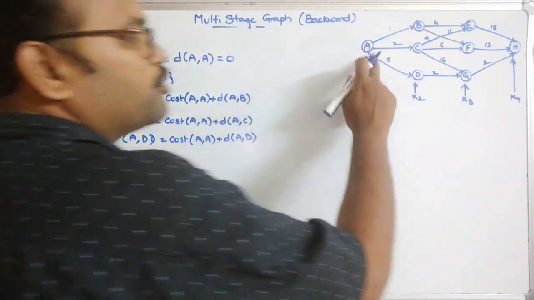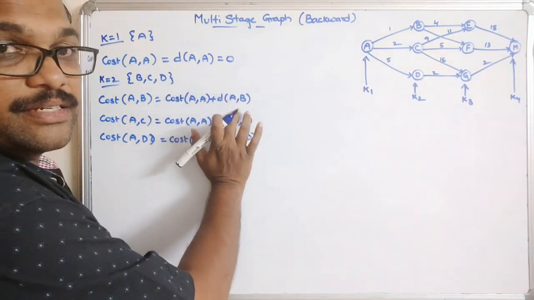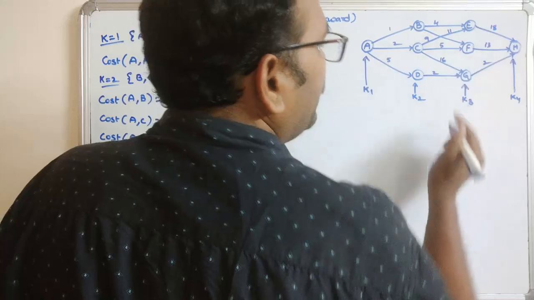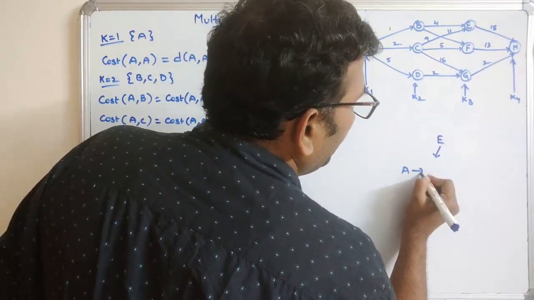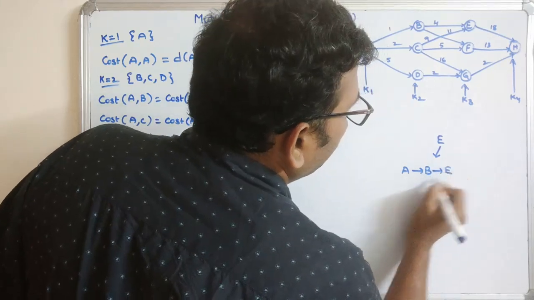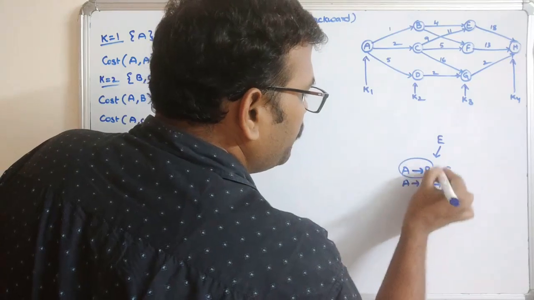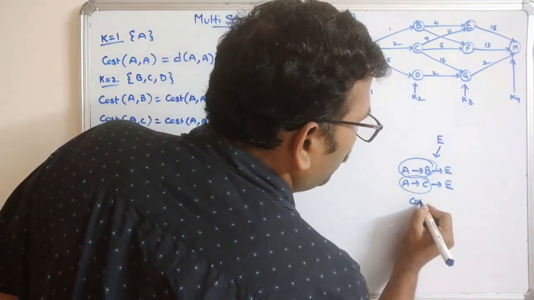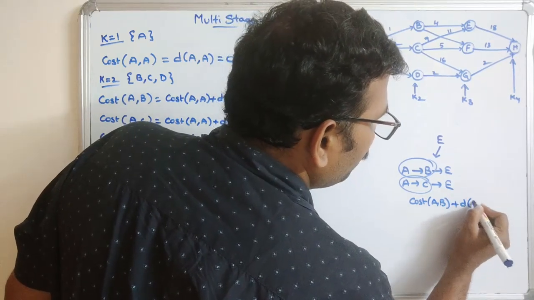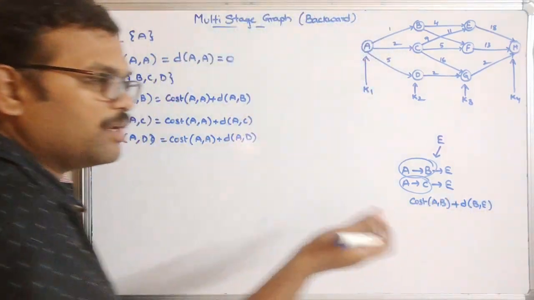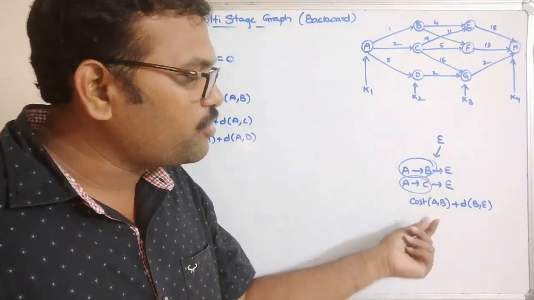Since we are at the source, we can go directly with the edges. If you are at E, then how to reach E? You can reach A to B, B to E. Similarly A to C, C to E. So this will be the cost of A to B plus distance of B to E. Whatever the vertex is just before E, that is already computed.